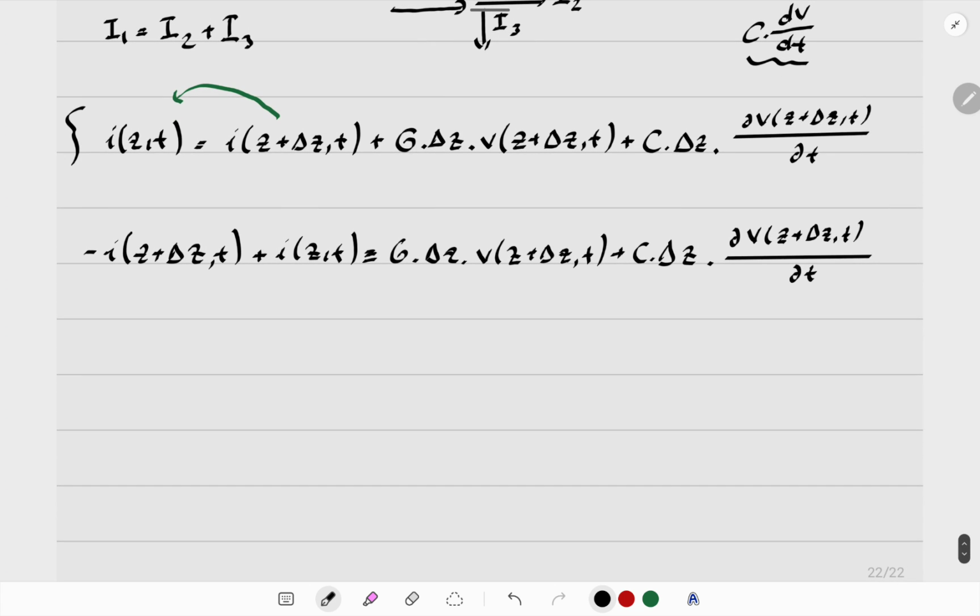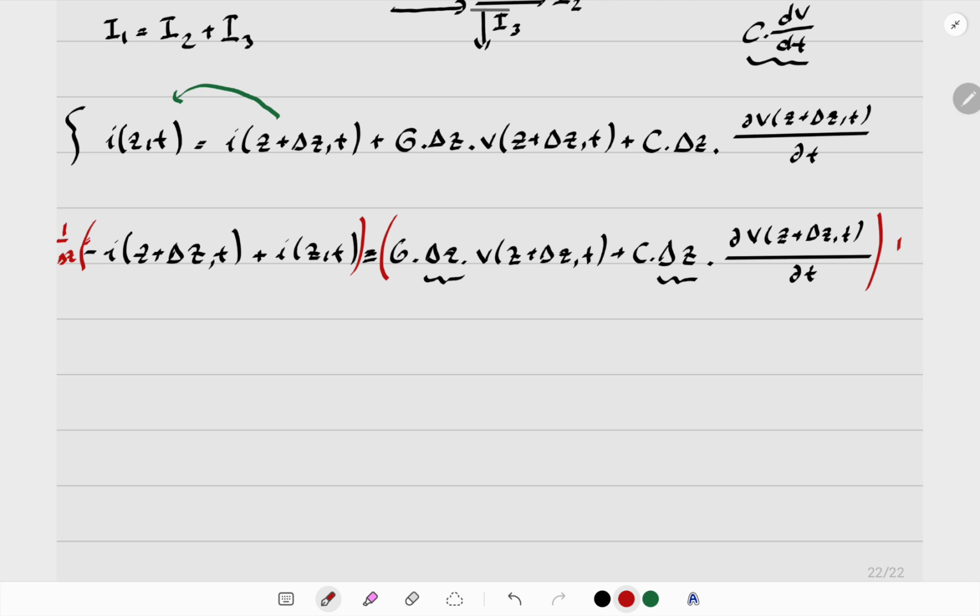And we have to get rid of these delta z's again. So how do we do that? Actually, by dividing both sides by delta z, which means multiplying by 1 over delta z.